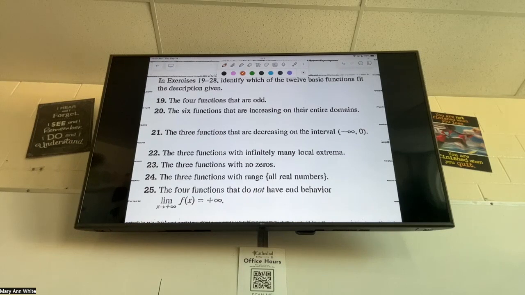Remember, odd is the same in the first quadrant and the third quadrant. It's the natural log. Is that? I don't think that's odd. Okay, reciprocal is. What else is an odd function? Same in the first and the third. Say again? Cubed is.